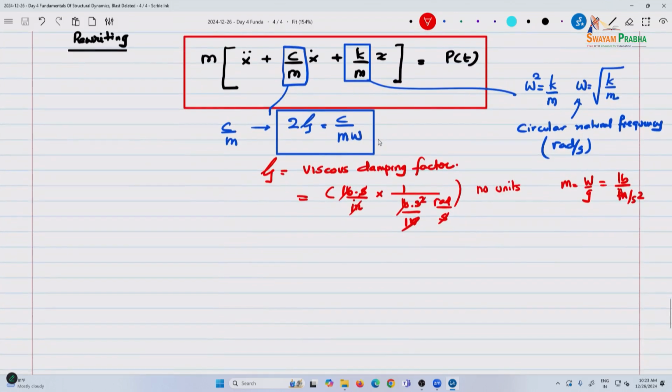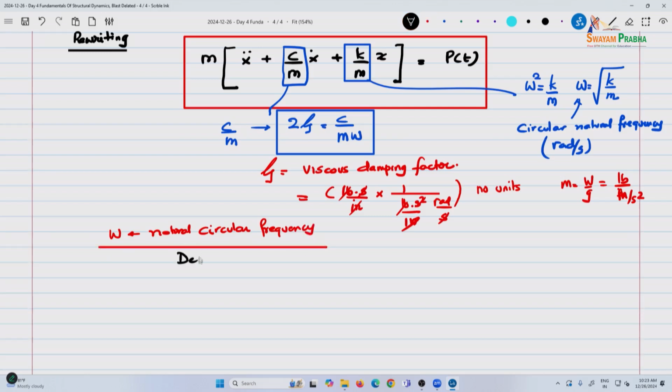Again, focus on what it means. Omega, which is the natural circular frequency, what is it dependent on? If I were to ask you this question, it is dependent on how many factors? So, stiffness, right? Which means material.